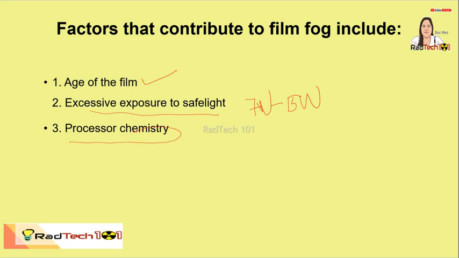And the processor chemistry, our developer and fixer, can also result in film fog, especially if the temperature is high and not maintained at the recommended temperature, it can also increase fog. Actually, there are many more. This is just the most basic. So there are also other factors that can affect film fog.